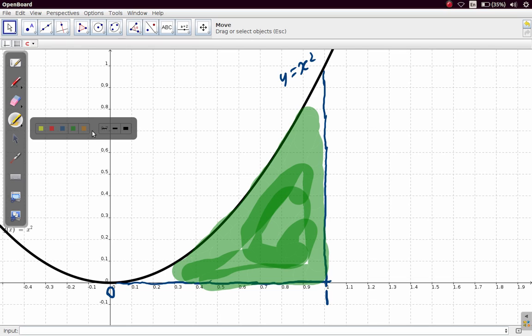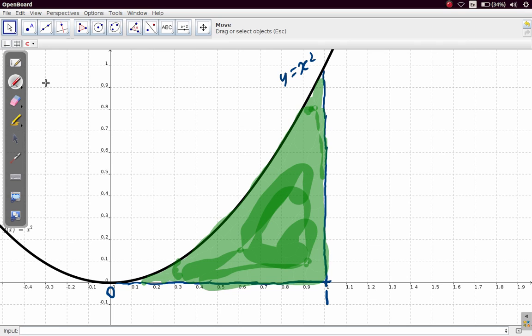Let me make a little adjustment here. So this shaded area is the area that we want. Suppose you're given this graph and you're asked to find the area under the curve accurately, not estimated. You're not going to find the area by counting squares. You're going to get an accurate value. Then you're going to use calculus.